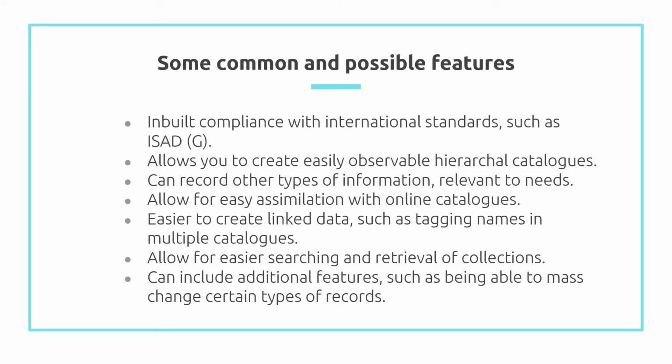And one of the other advantages can often be that if you update the name once, then it will update across every record as well. So linked data is often one of the real benefits of a collections management system.